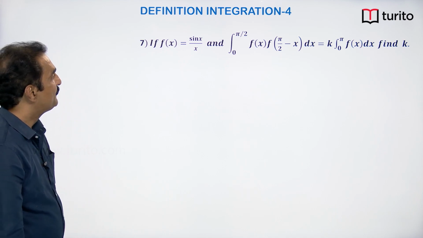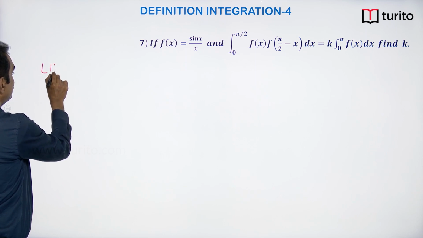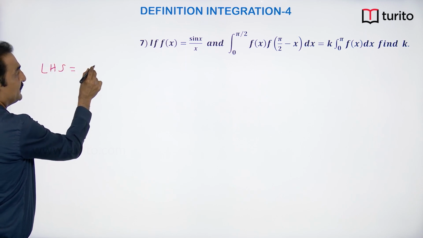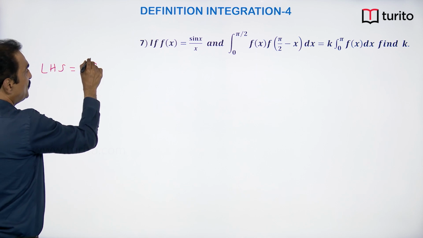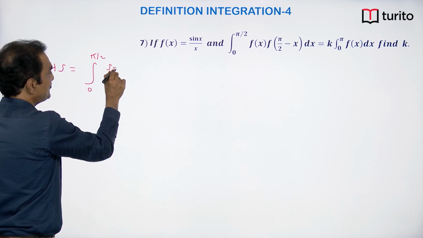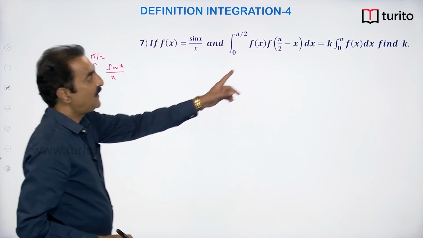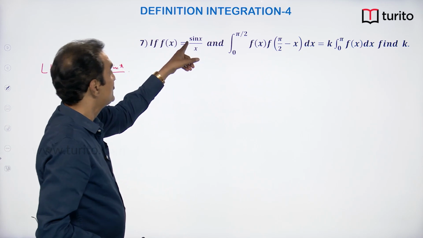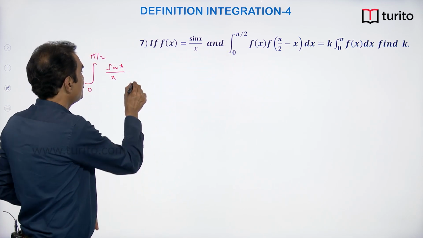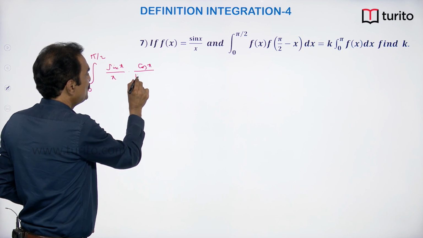Here first let us take the LHS. Integral 0 to pi by 2 f of x means sin x by x into f of pi by 2 minus x, which means sin of pi by 2 minus x, that is cos x, by pi by 2 minus x.